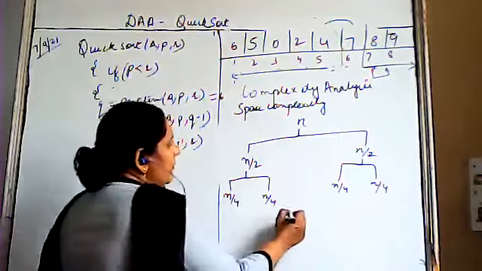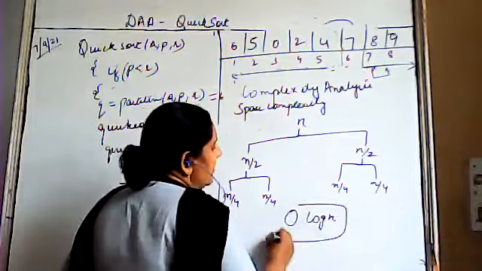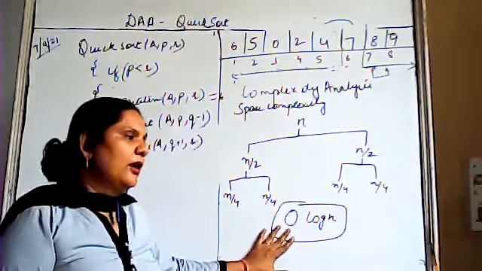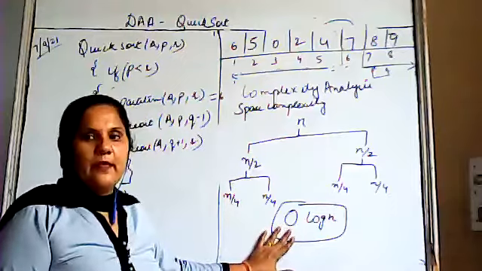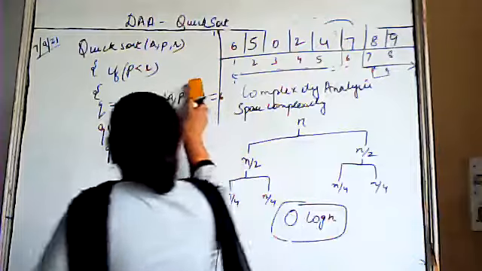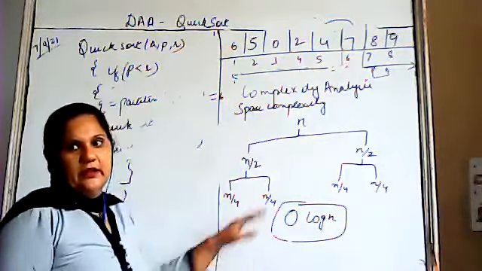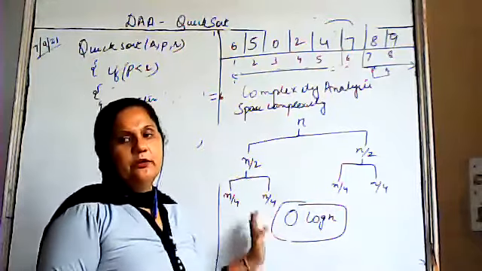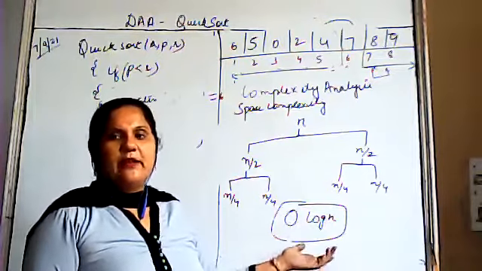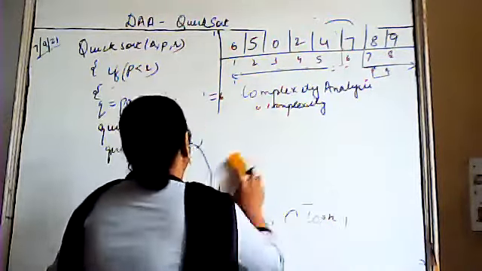So that will be equal to O of log n, because whenever we talk in terms of levels, we always give the complexity as O log n. This is space complexity. Now time complexity, we will do that.